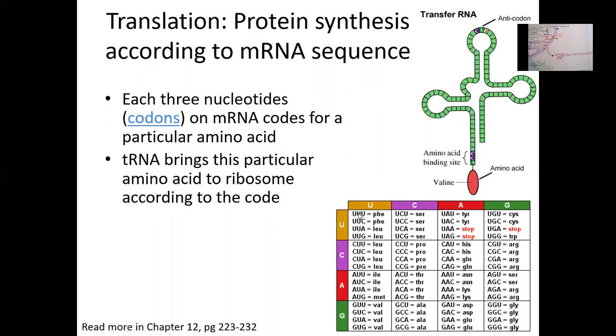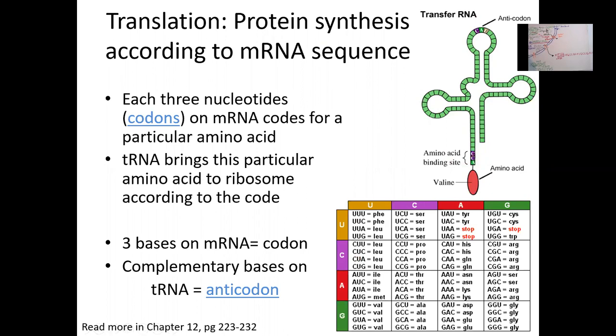According to these codons, the tRNA, which is upside down from what we've been seeing, is going to bring these amino acids that make up the protein. Here we can see the tRNA has an anticodon that is complementary to the codons in the mRNA, bringing with it the correct amino acid.